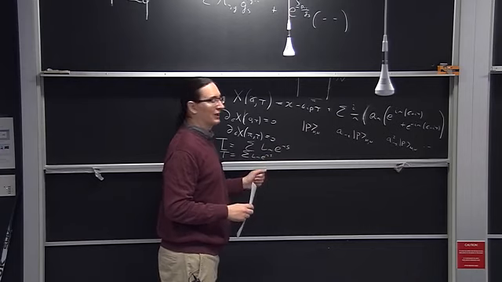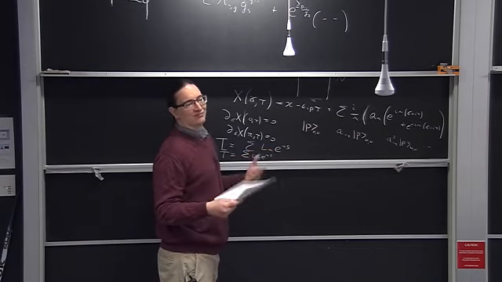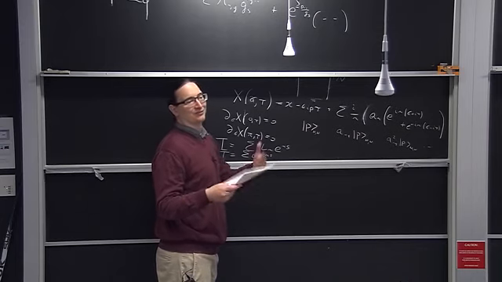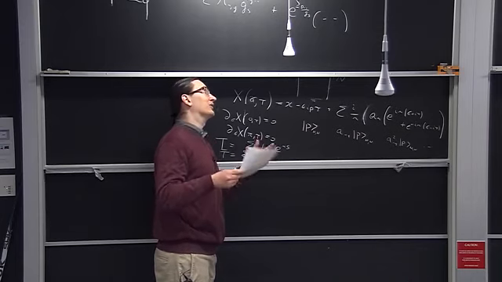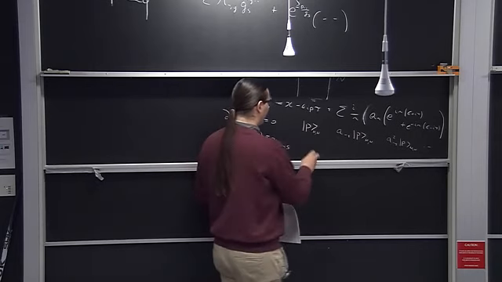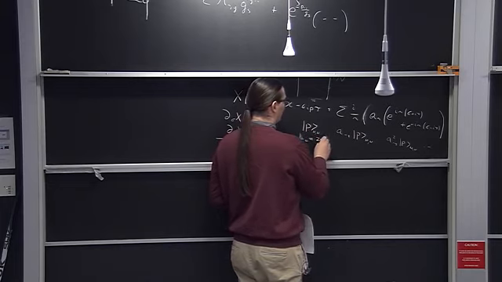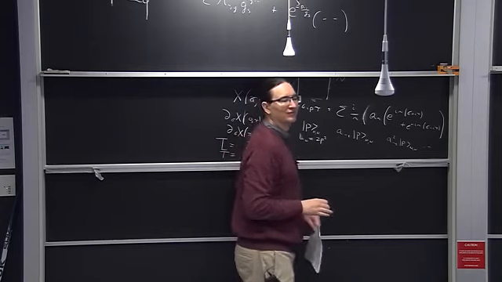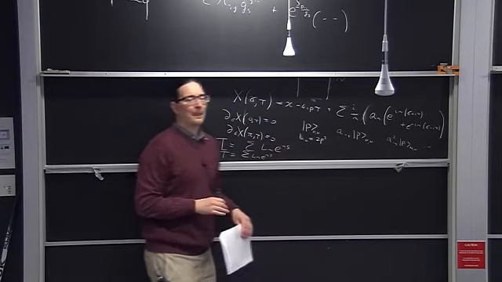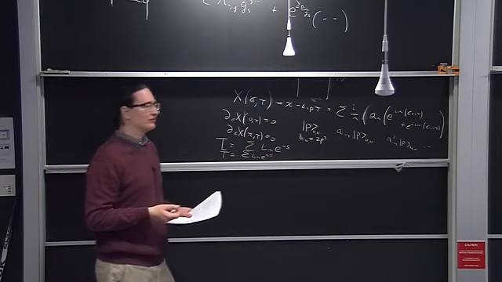We want states which are annihilated by the positive modes of L and are eigenvectors of L0 with eigenvalue 1, and so on and so forth. One important point is that L0 acting on these states is 2p squared instead of being p squared over 2, because of some changes in normalization.